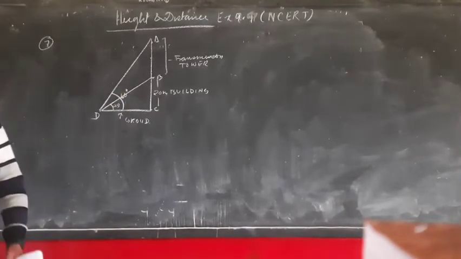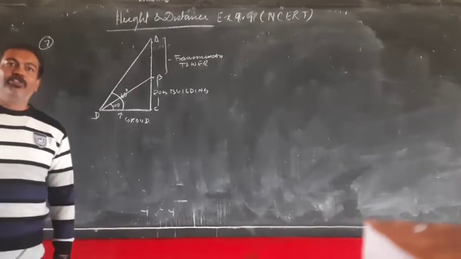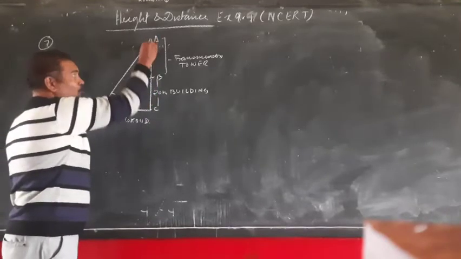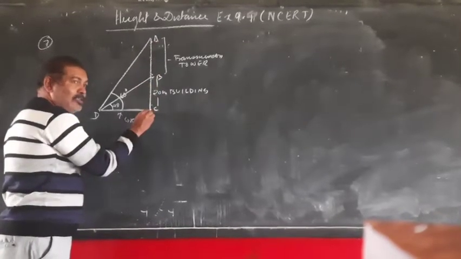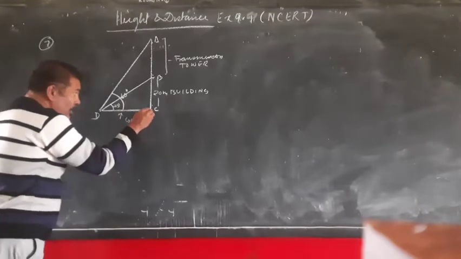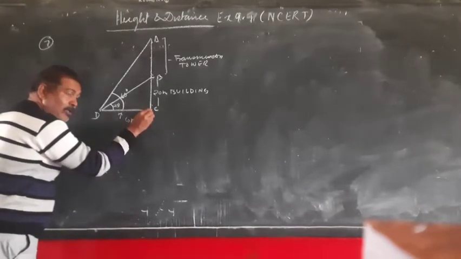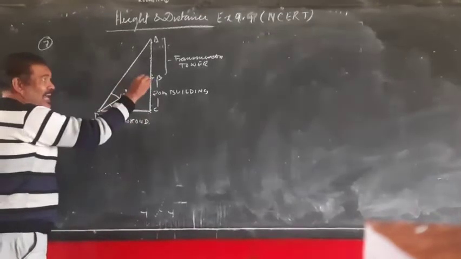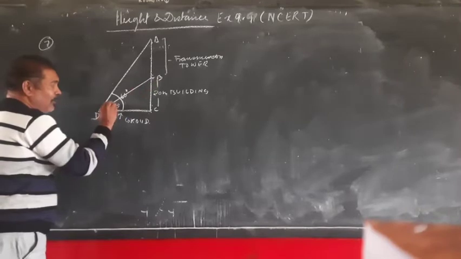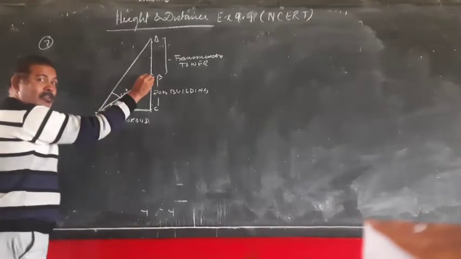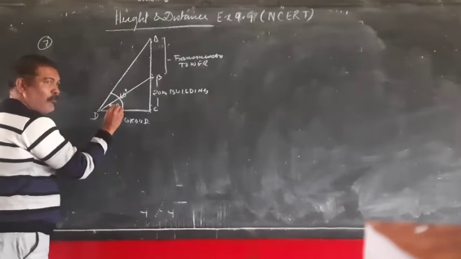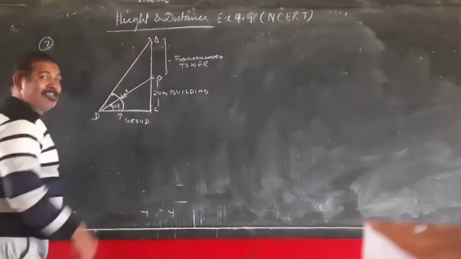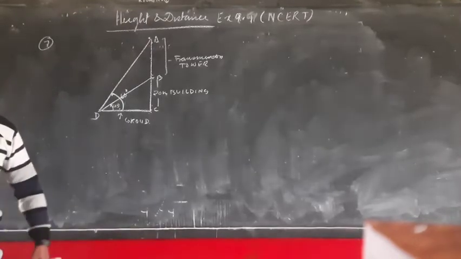The transmission tower is fixed at the top of a 20-meter high building. The upper part is the transmission tower and the lower part is the 20-meter high building. And this is the bottom of the building. From a point on the ground, the angle of elevation of the top of the building is 45 degree and of the top of the transmission tower is 60 degree.